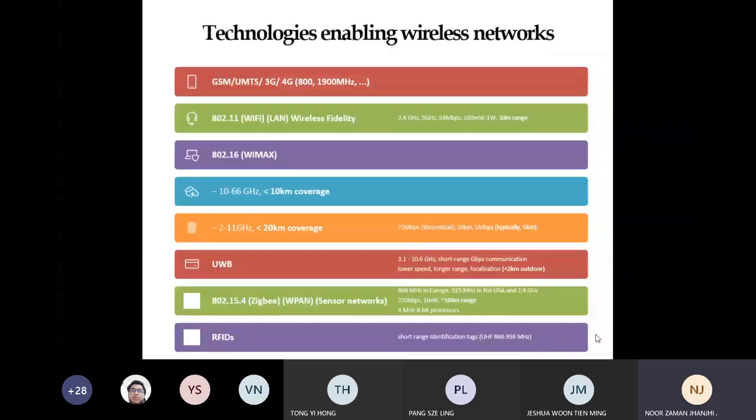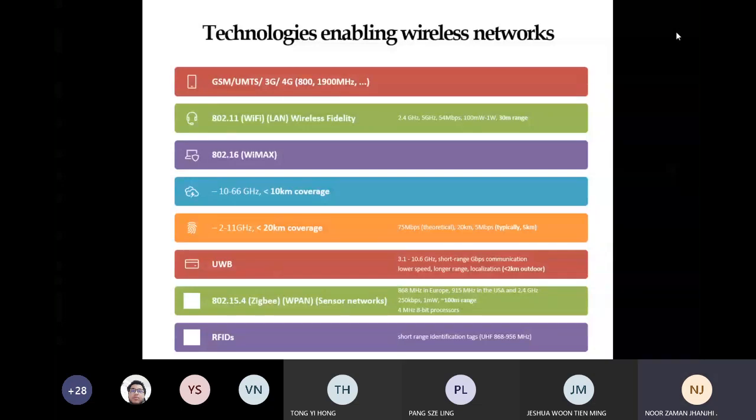Now you can see from here the technologies which are actually enabling these wireless networks, because as we said, there are so many different ones. We have different cellular networks, ad hoc networks, sensor networks, and satellite networks.